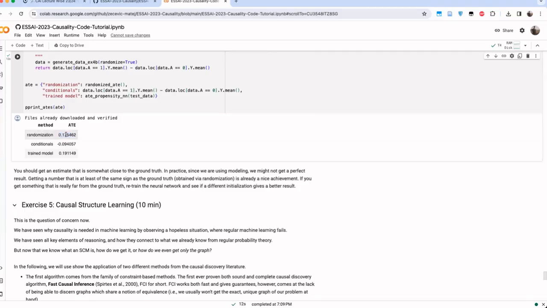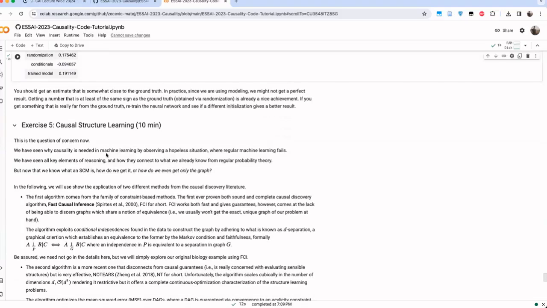Again, typically you don't have access to this, but because we are here in a synthetic setting, we can actually have this number. And now if you add the conditional, again, it would be the worst case. It's not just wrong in value, but also in sign. But our trained model is getting really close here, right? And again, it's a trained model, so the CNN is also not perfect in predicting, but to see that we are so close to the ground truth in this example already is pretty amazing.